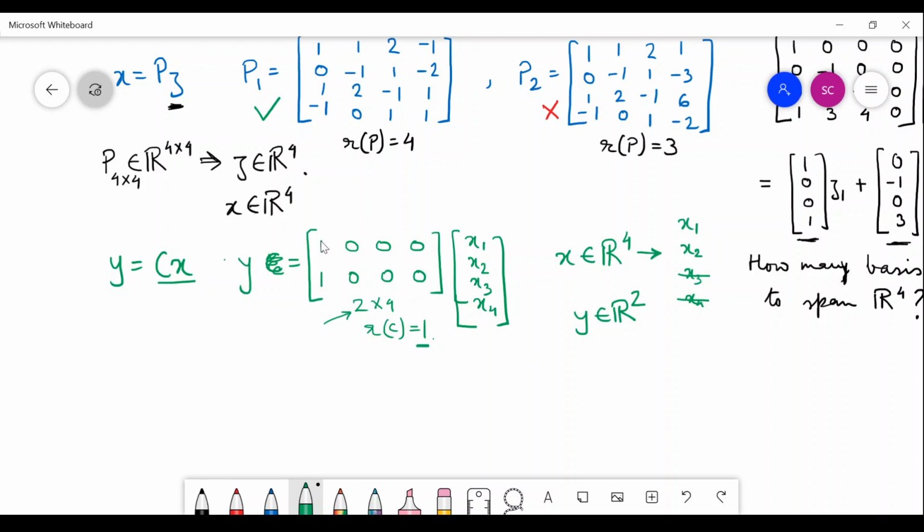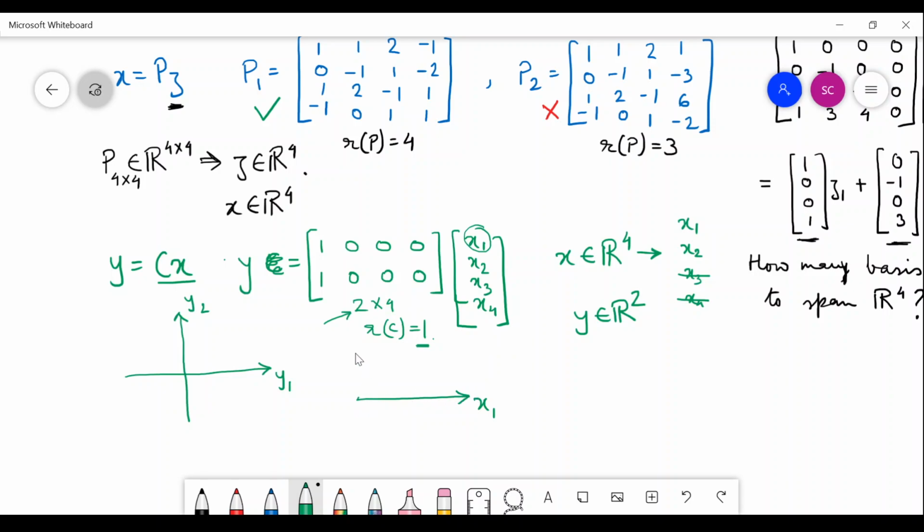What is actually happening here? Maybe we can see that. Just try to draw it, y1 and y2, and another space is there. We don't need to draw the entire 4-dimensional space x1 x2 x3 x4, because only x1 is able to contribute something to this space. x2 x3 x4 are not able to contribute.